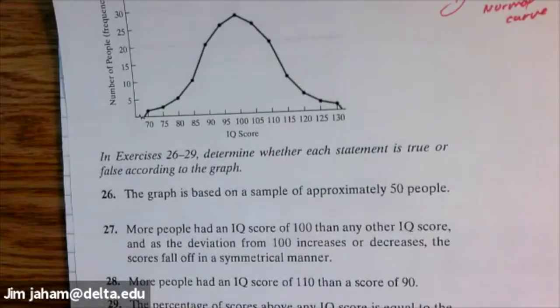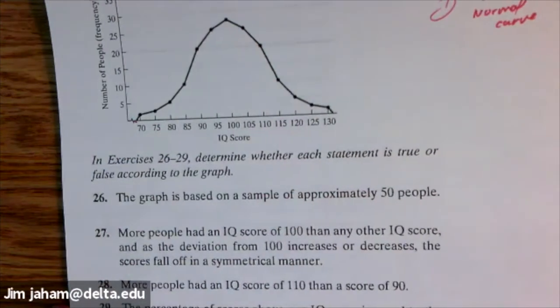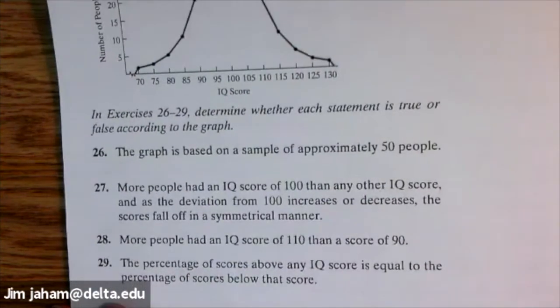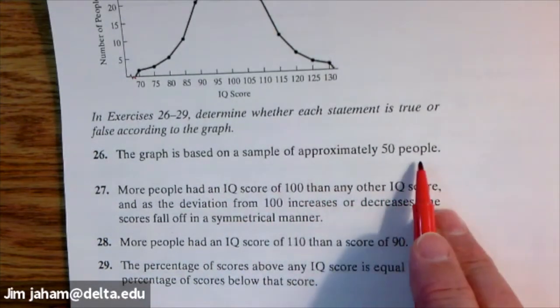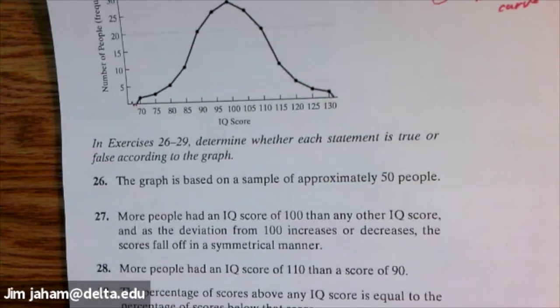So this one, instead of constructing the frequency polygon, you're asked to interpret stuff about it. All right, so take a minute or so and write down some answers to these 4 questions. The graph is based on a sample of approximately 50 people. True or false? More people had an IQ score of 100 than any other IQ score.